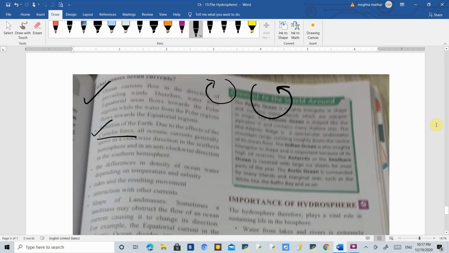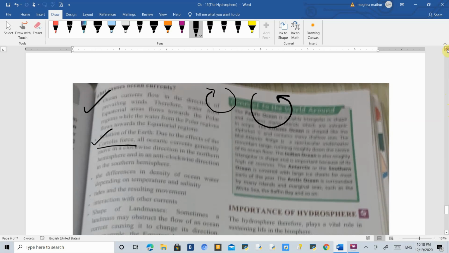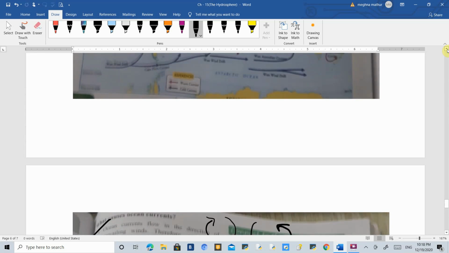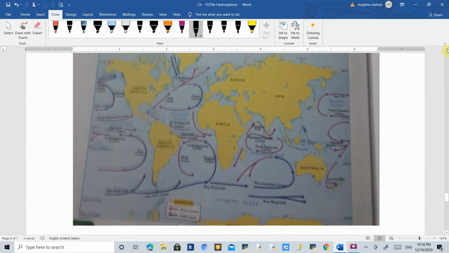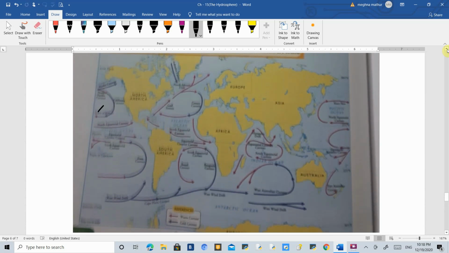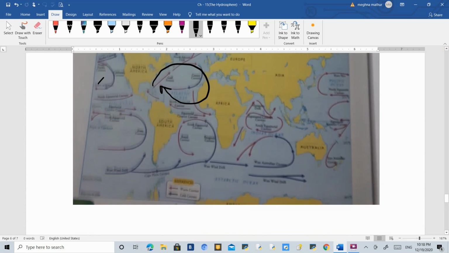So in this image also, in the above page, you can see that there are so many ocean currents. You can see that in the northern hemisphere the water is moving in a clockwise manner, and the ocean currents in the southern hemisphere are moving in an anti-clockwise manner.